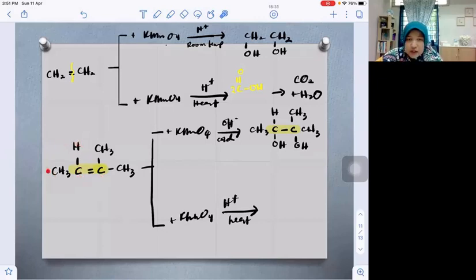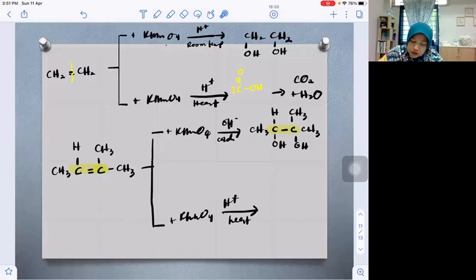When this is a secondary carbon, it will turn to carboxylic acid. As for this other carbon of the double bond, it is actually a tertiary carbon, because this carbon is attached to 1, 2, 3 neighbor carbons. So the tertiary carbon will turn to ketone from this oxidation.